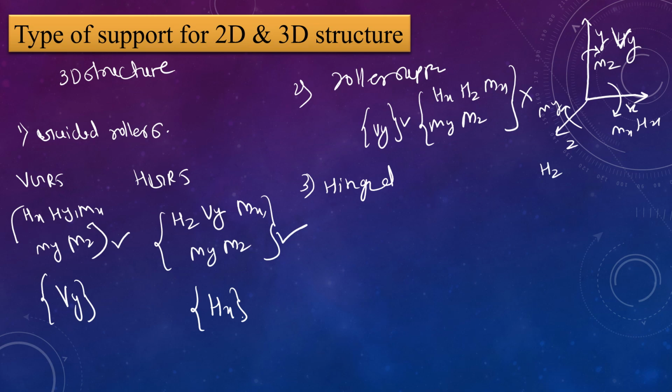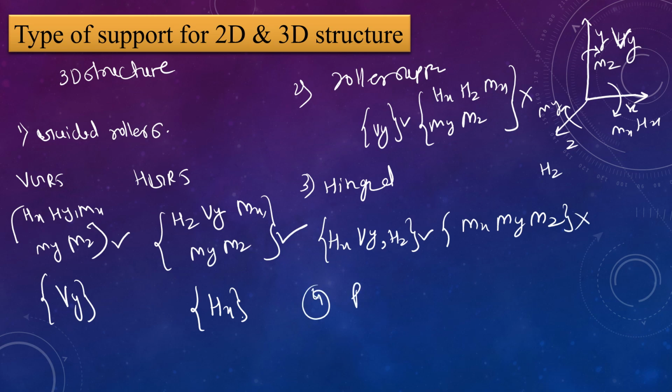Hinge support is allowed movement only in case of moment, and it is restricted in horizontal and vertical forces. So here the values of Hx and Vy are present, and one more value, Hz, is also present, and the remaining Mx, My, Mz values are not present.